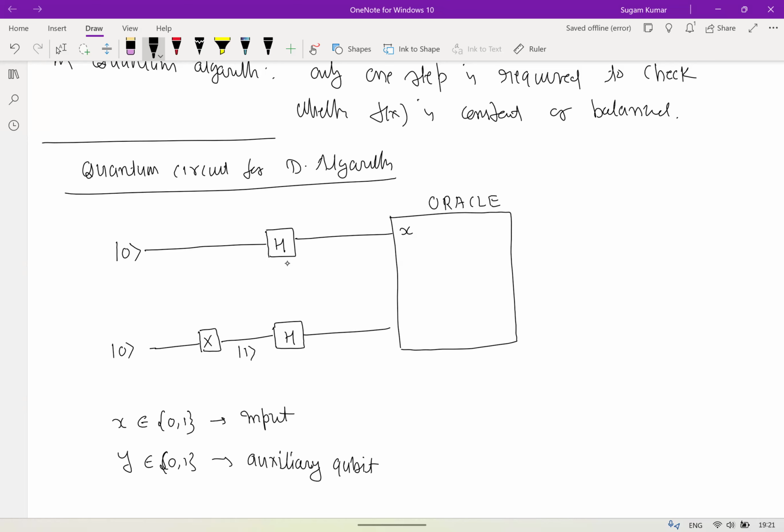This oracle is actually a gate, which I can call U_f. Nothing happens to the X bit, but this Y bit is going to change in this format. So the output at the second qubit will be this much.